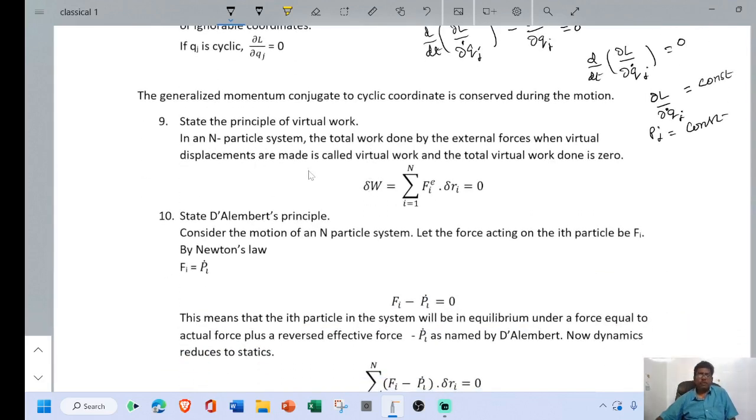State the principle of virtual work. In an n-particle system, the total work done by the external forces when virtual displacements are made is called the virtual work, and the total work done is 0. You know that work done is force into distance moved.